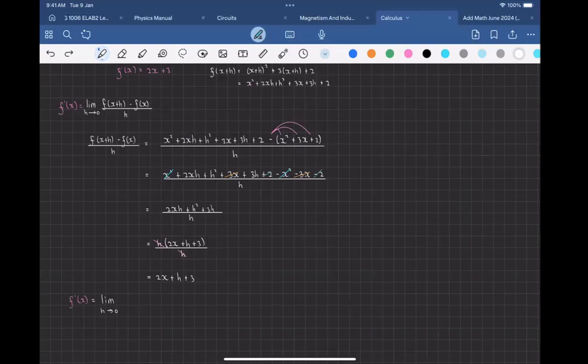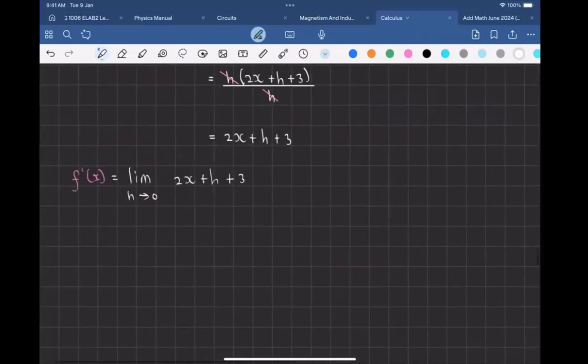What else? 2x plus h plus 3. We didn't find the limit of it as yet. We're going to do that now. So you see h should go to 0. So what's your final answer? 2x plus 3. Yeah.